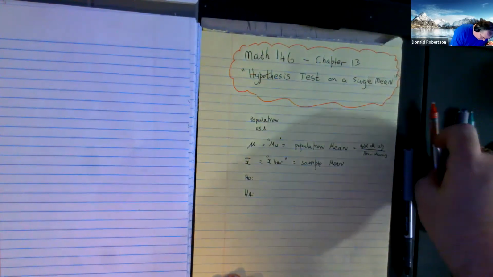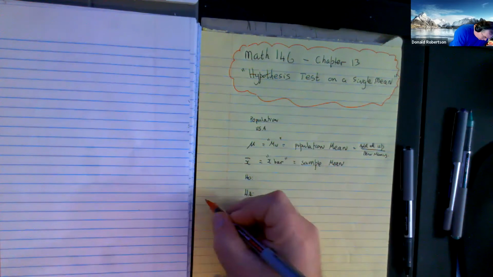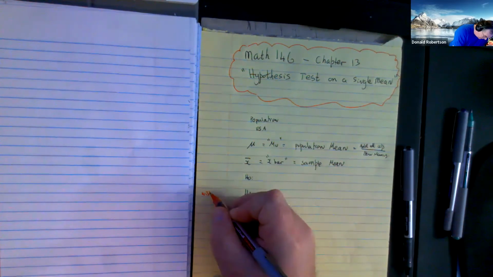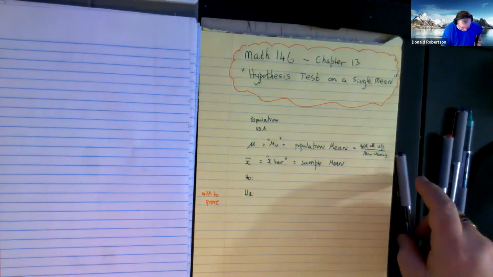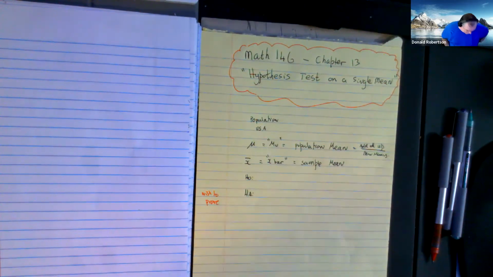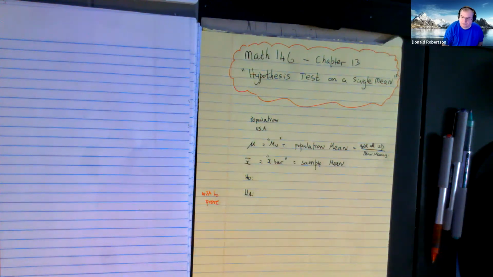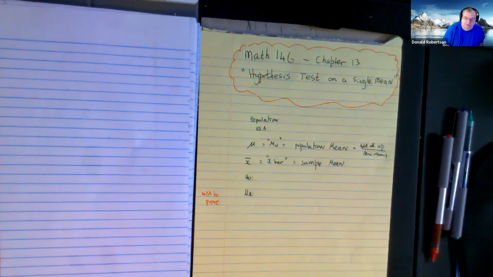The alternate hypothesis is the thing you wish to prove. So let's say in my story that I want to prove that the mean age of an American is more than 30 years old. You can do that. Mean age of an American is more than 30 years old.